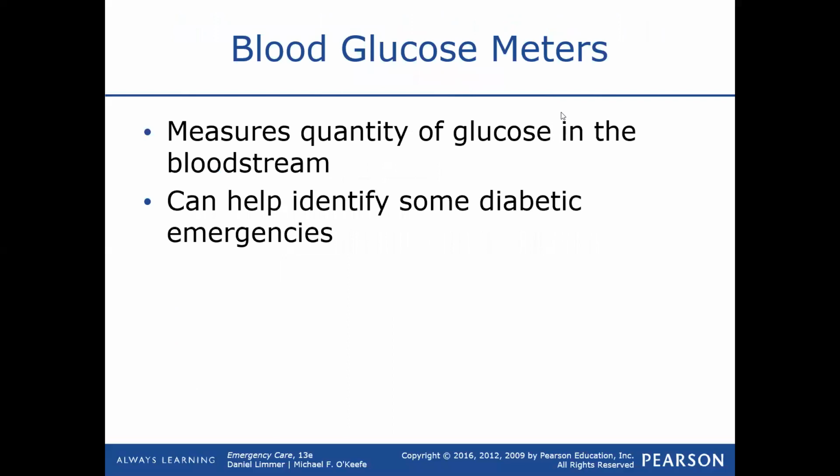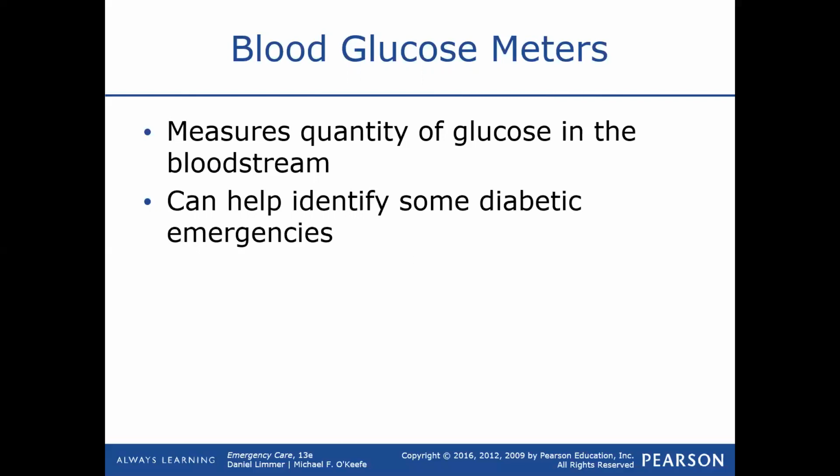Okay, blood glucose meters. So once you get out of this class, you will have to credentialize on glucometry. That's just where once a year you pull out the glucometer and make sure you remember how to use it. These are meters that will measure the glucose in your bloodstream. A lot of times, any altered mental status patient that you see, we should be checking their sugar.